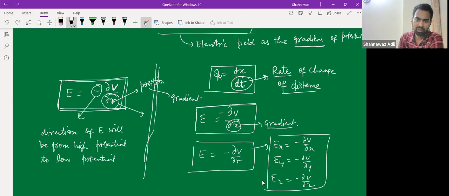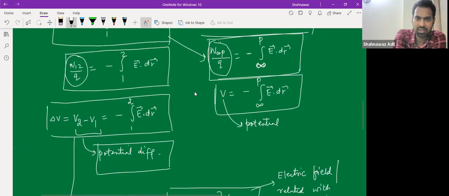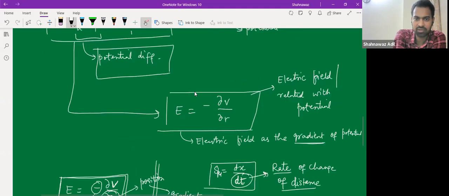So I will repeat this part again in the next class. On Thursday, I will repeat some portions. We are just studying the effect of the external electric field.